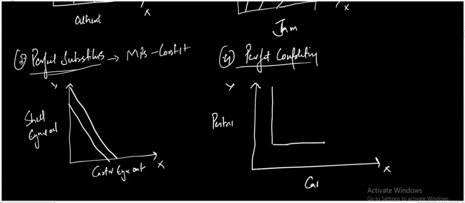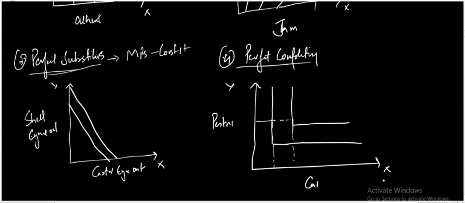So, in this case, the indifference curve will be a 90-degree bent line, which means that if you increase the consumption of petrol, you have to automatically increase the consumption of the car. So, the consumer continuously keeps on increasing the consumption from both the sides.